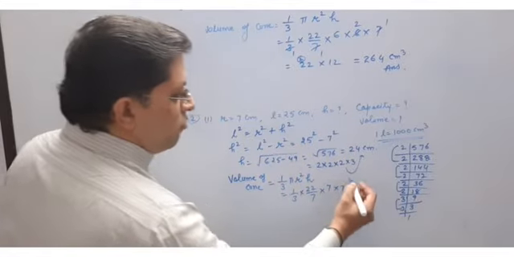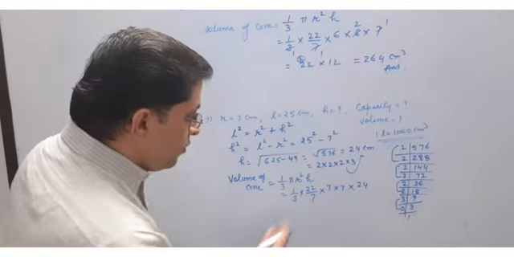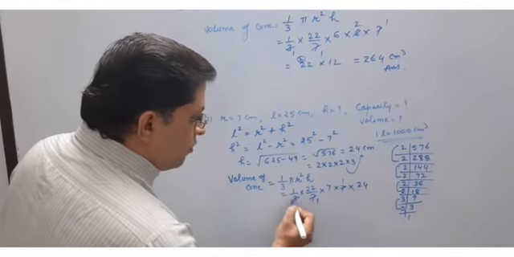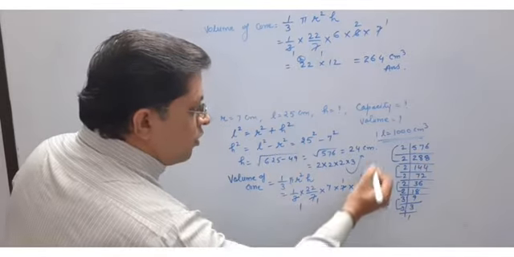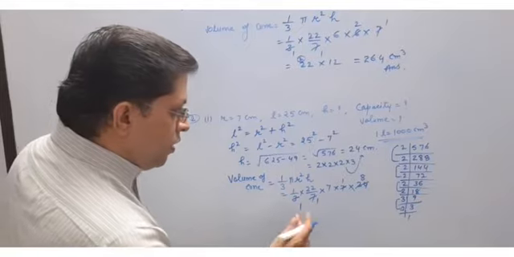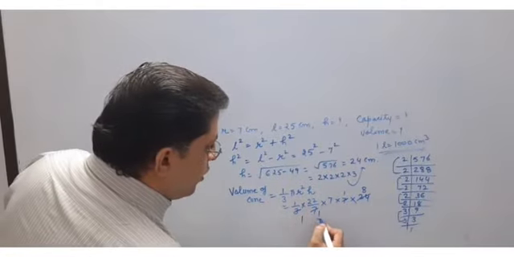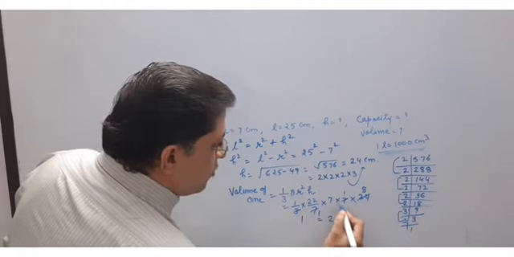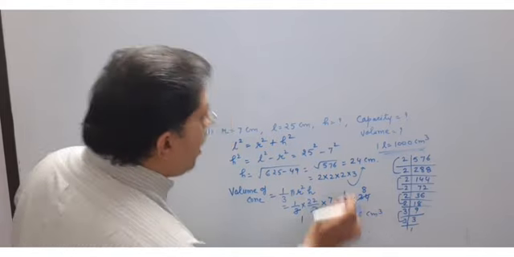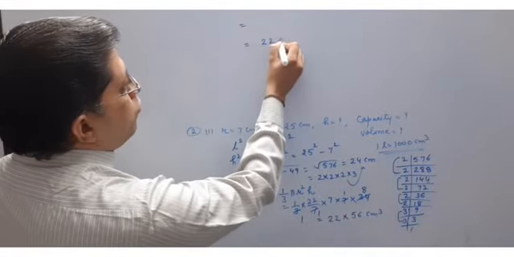H is coming 24. Okay, like this. Then 7 1s are 7, 7 1s are 7. 3 8s are 24, 3 8s are 24. Okay, then there. Yes, you see here this is 22 here, and this is 8 7s are 56 centimeter cube. I am writing it up here: 22 into 56.